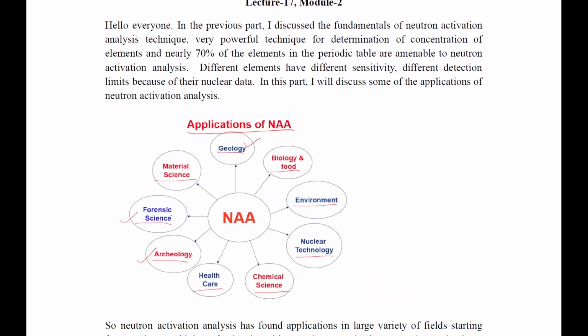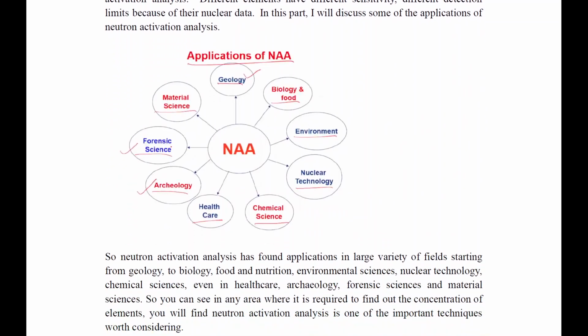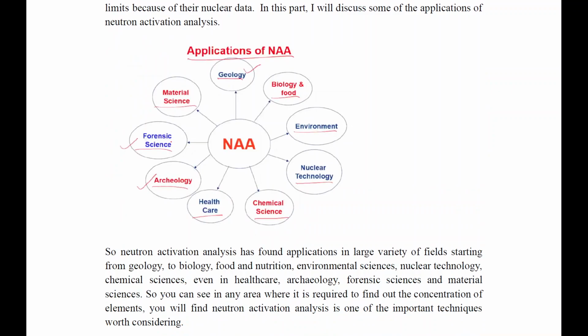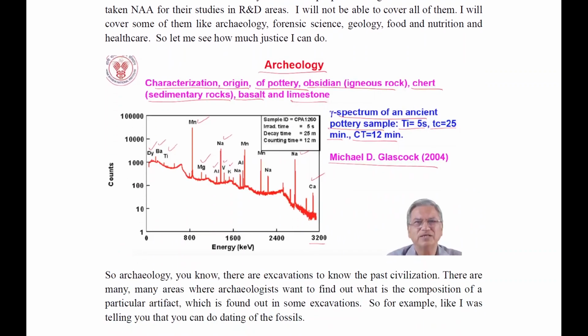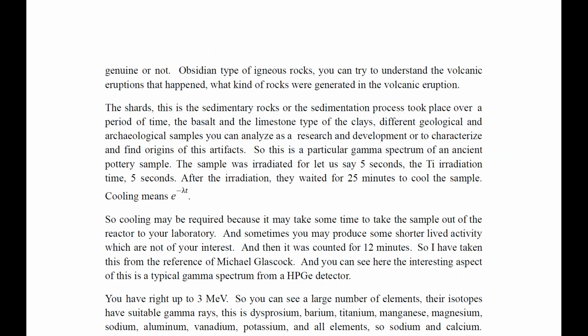Then I think in the last class we talked about the applications of NAA. NAA has many applications in geology, biology, environment, nuclear technology, chemical science, healthcare, archaeology, forensic science, and material sciences. He discussed mainly archaeology, how you can find out the characterization and origin of certain things by irradiating them with gamma, which gives the gamma spectrum of an ancient pottery sample.